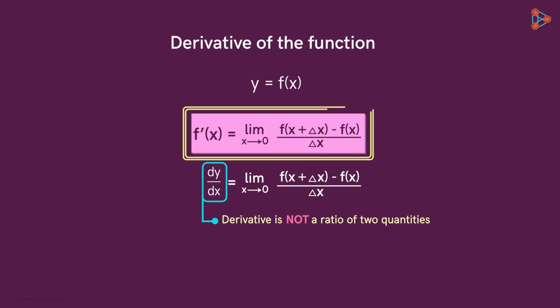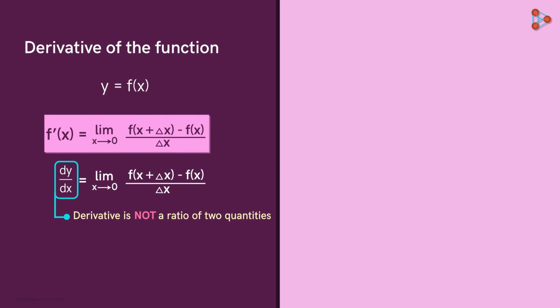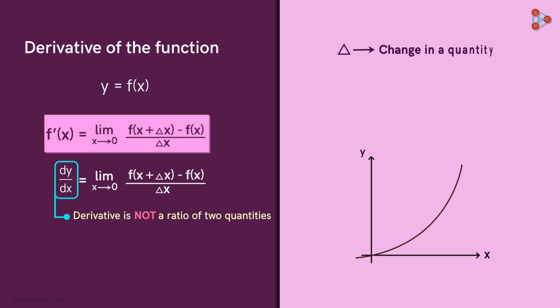In essence, it captures the whole idea of the derivative. Let's see how. Consider this function. This symbol delta is always used to denote the change in a quantity. So if the value of x changes from x1 to x2, then delta x means x2 minus x1.